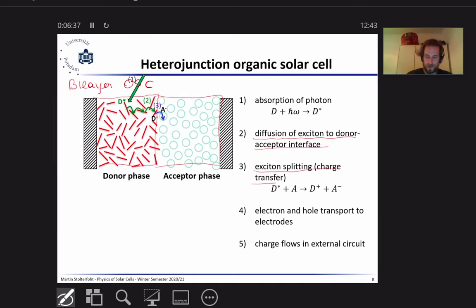The exciton splits, so the donor is excited, and the donor becomes ionized and the acceptor becomes ionized. And then hopefully electrons and holes are transported to the electrodes.